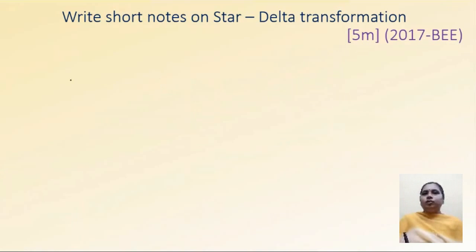Suppose there are two resistors like this. If a resistor is connected here in such a way that, let this be R1, let this be R2 and let this be R3, then you can see that due to resistor R3, R1 and R2 are not said to be in series.